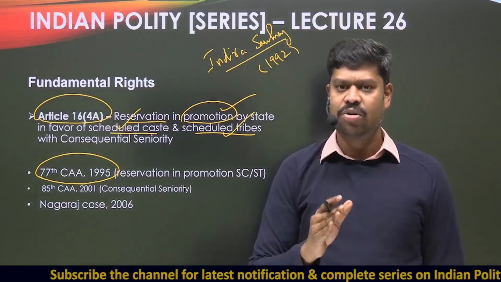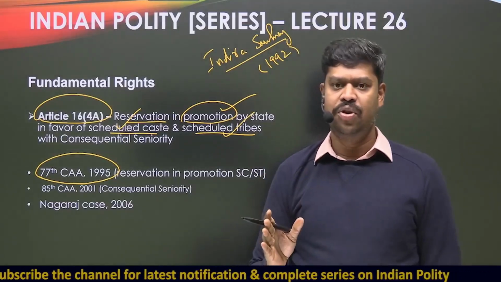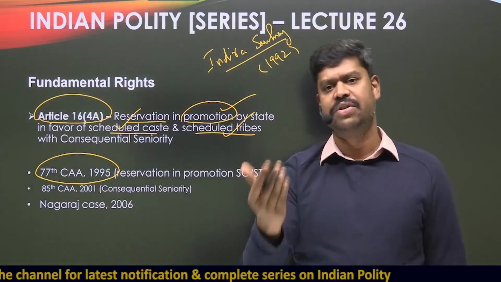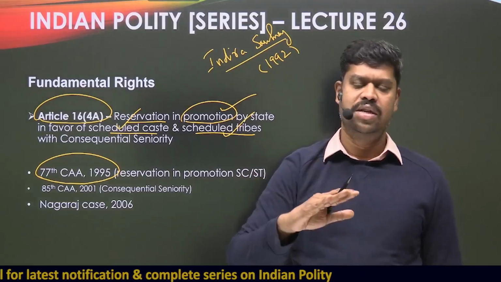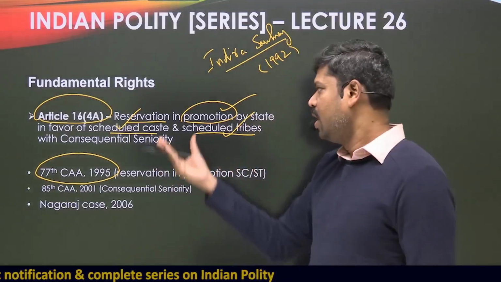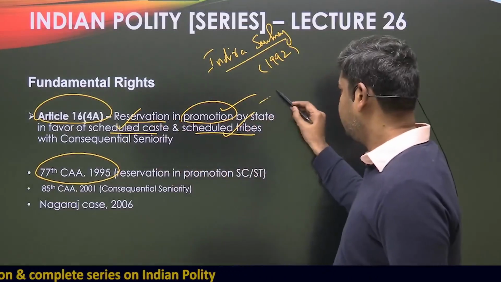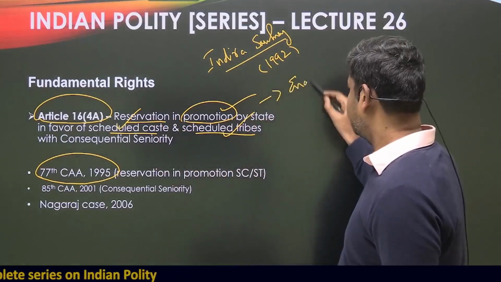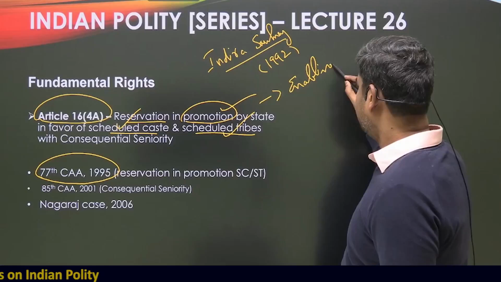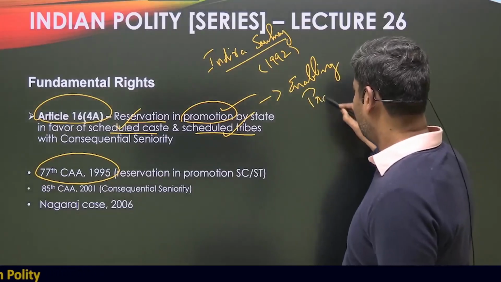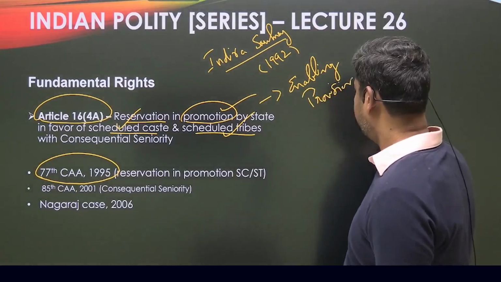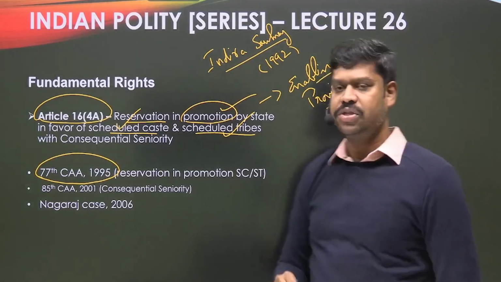The scheduled caste and scheduled tribe community are allowed to have reservation in promotions as well, and to that extent the state can make policies, because Article 16 Clause 4A acts as an enabling provision. It enables a state to make reservation in promotion.